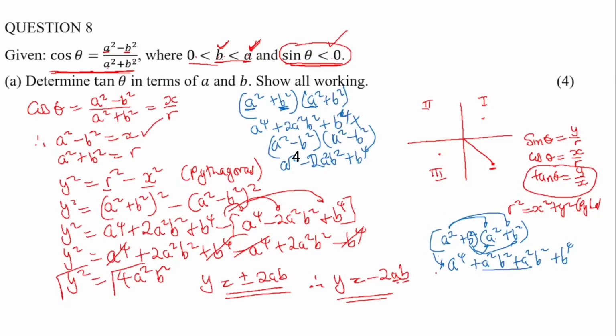That's the value of y. Therefore, we want to find tan theta. So tan theta is equal to negative 2ab over our x. What is our x? Our x is a squared minus b squared. So it's negative 2ab over a squared minus b squared. That's the answer.